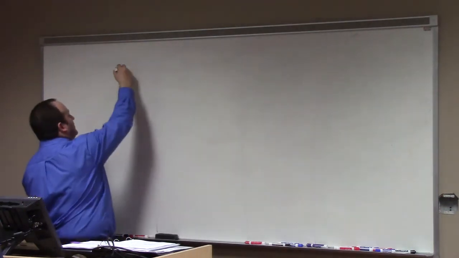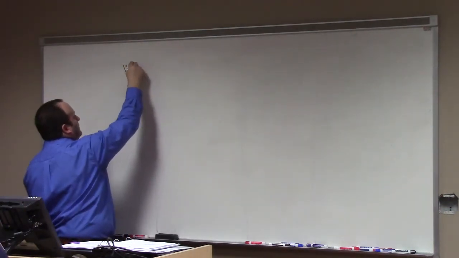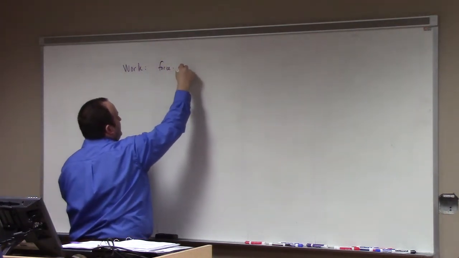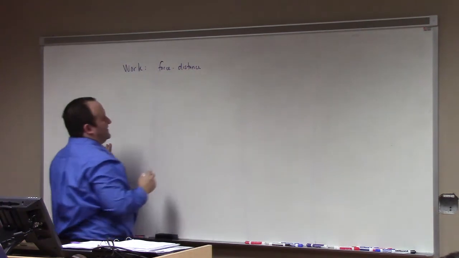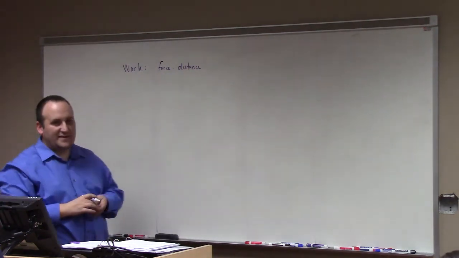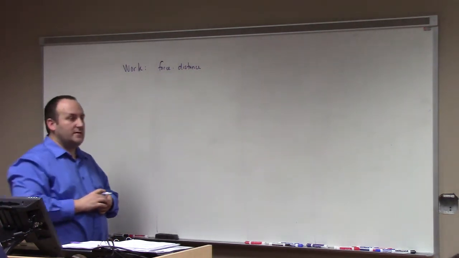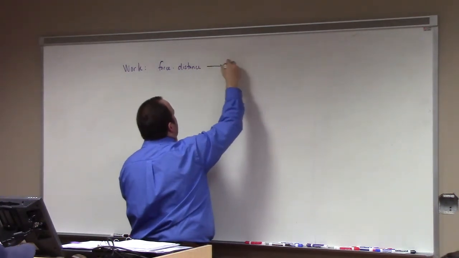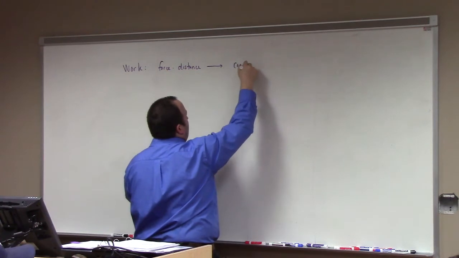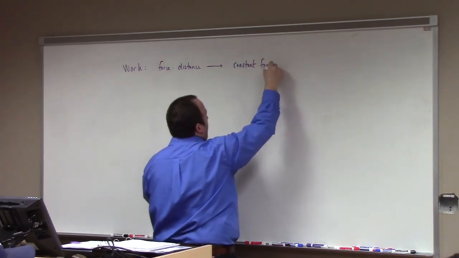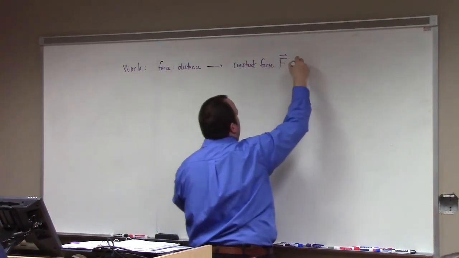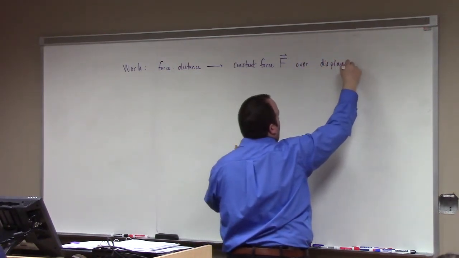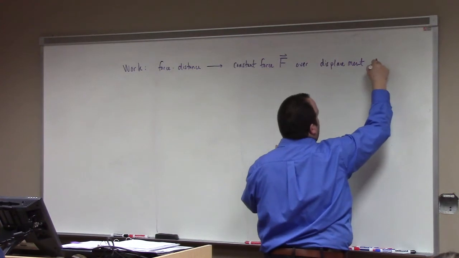So in particular, work, right? Work is force times distance, right? Well, that's the most basic elementary version you see. But if we talk about a constant force, we should use a vector to describe it over a displacement delta r.